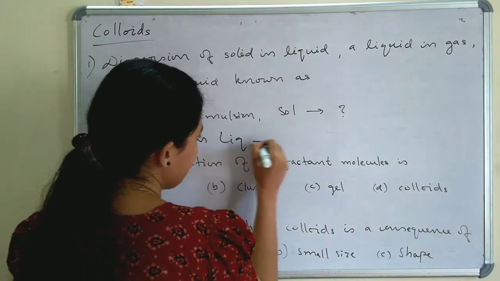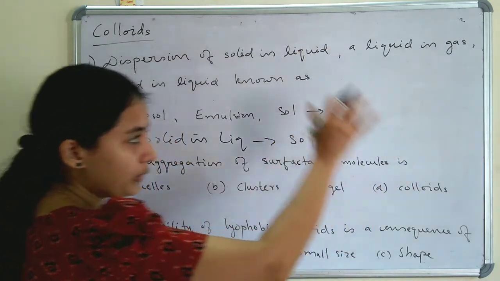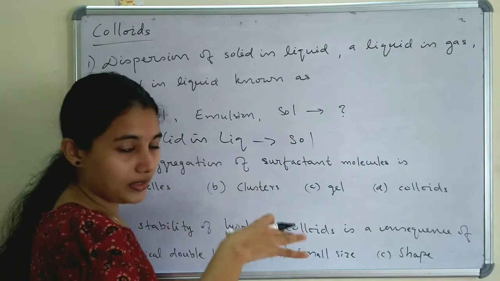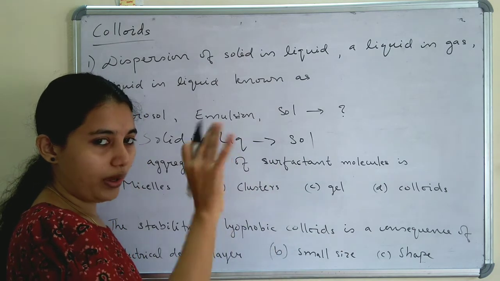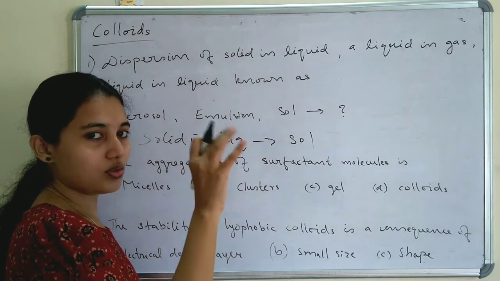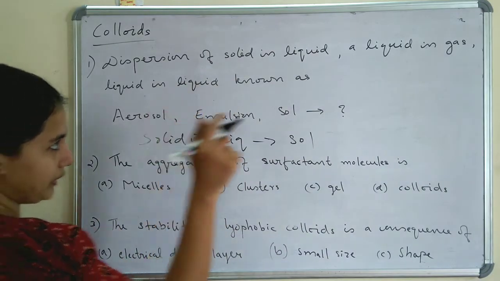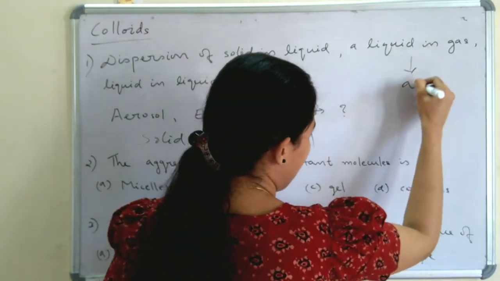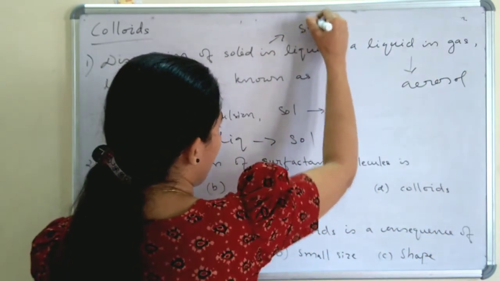Solid in liquid is sol. And liquid in gas. Gas means air, and liquid, so aerosol. So aerosol is liquid in gas. So this is aerosol, and this is sol.